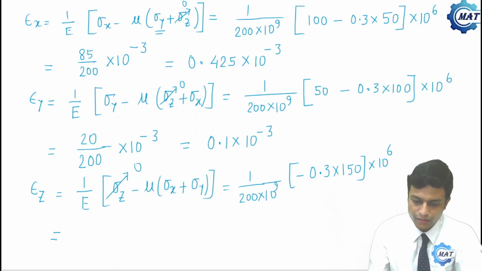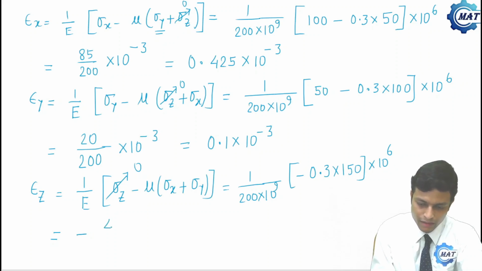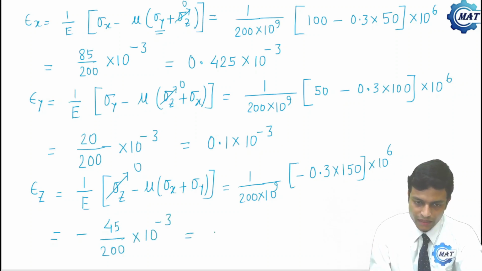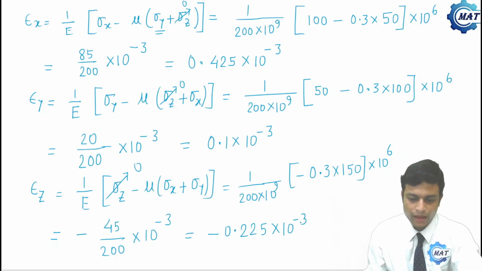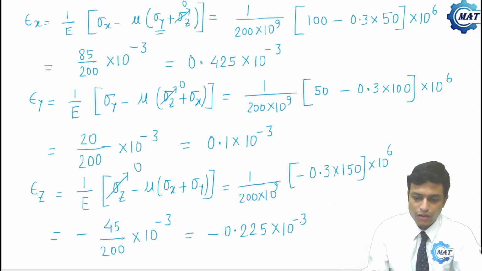That will give you 45 by 200, minus 45 by 200 into 10 to the power minus 3, that is minus 0.225 into 10 to the power minus 3. So we got all three direction strains.